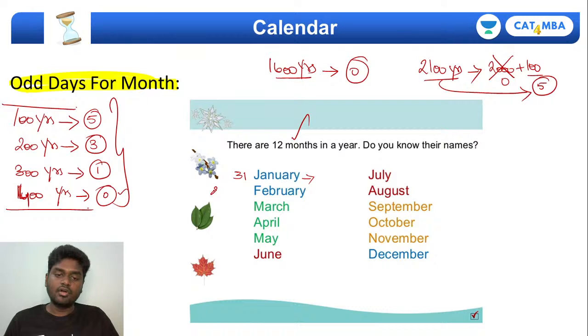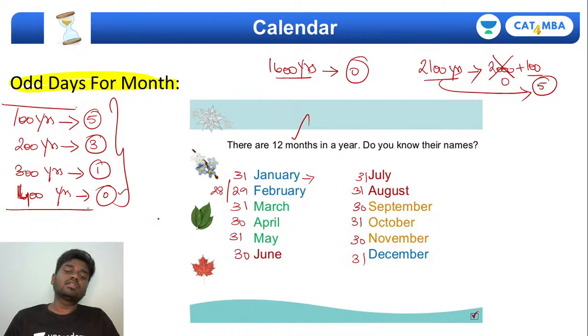February will have 28 days for a normal year and 29 days for a leap year. And March again 31, April 30, May 31, June 30, July 31, August is also 31, September 30, October 31, November 30, December 31. So these are the respective days for the respective months.